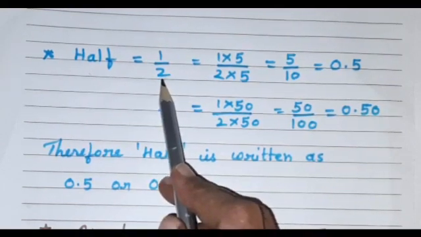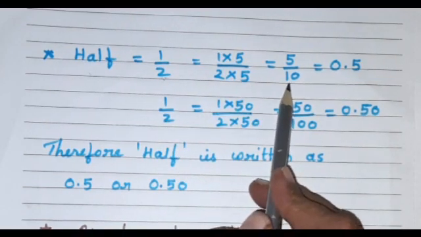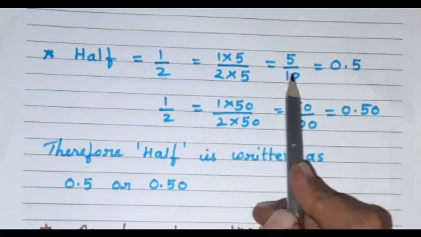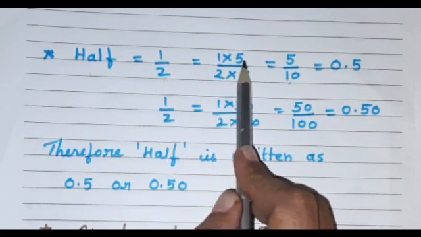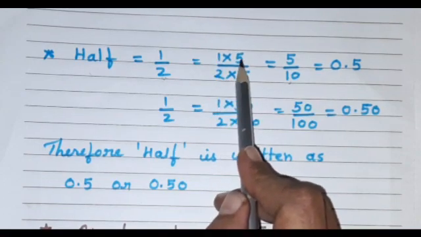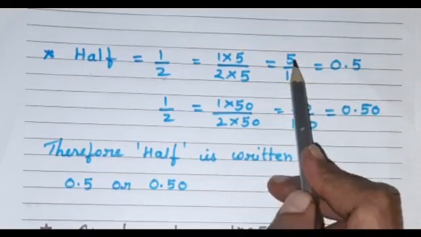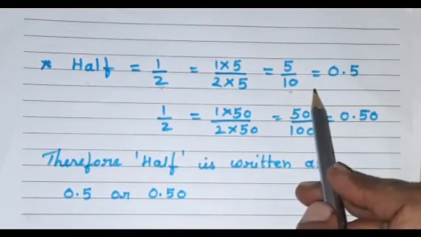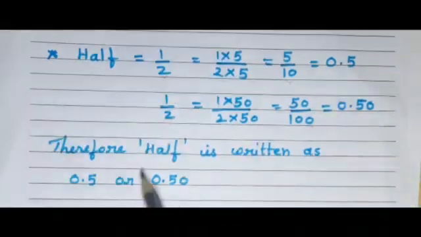Now for denominator 10, we multiply 2 with 5. 2 5s are 10. And then the denominator is now 10. If 2 is multiplied with 5, then 1 is also multiplied with 5. Now 1 5 is 5 and 2 5s are 10. Now denominator is 10. 5/10 is written as 0.5 in decimal form.